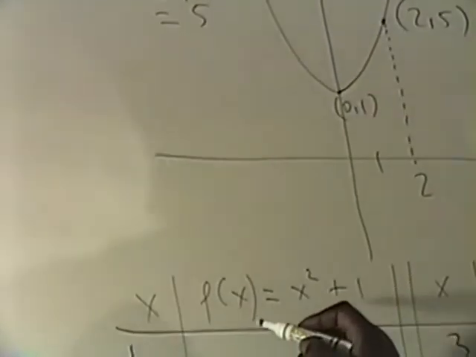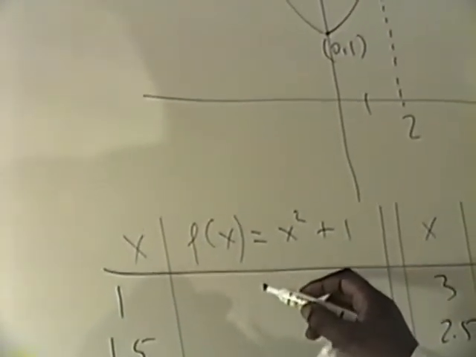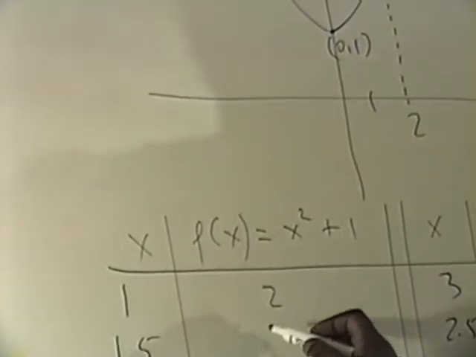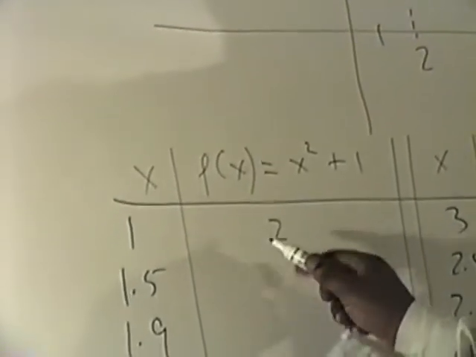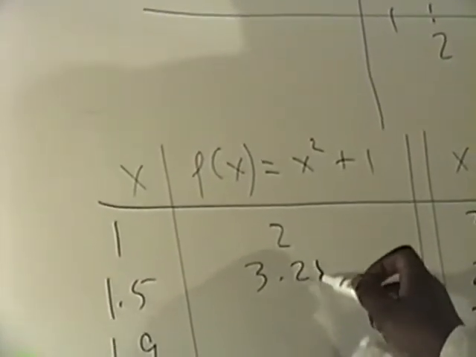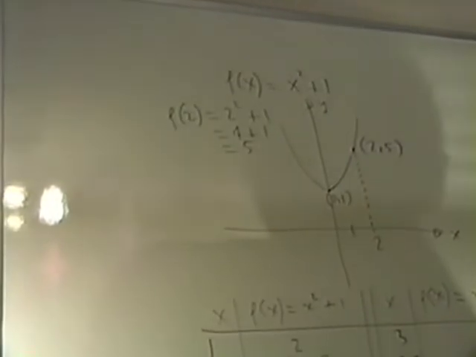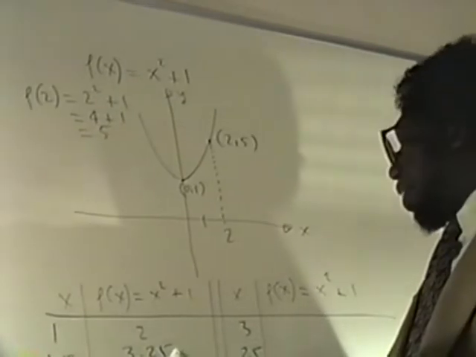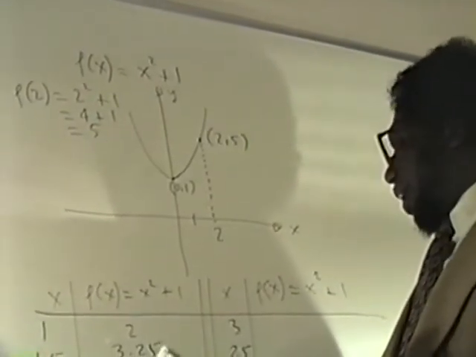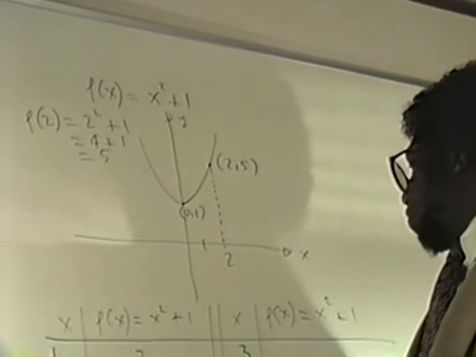Here we will have 2, here 3.25, here 4.61, here 4.8025, here 4.9601, here 4.99600.